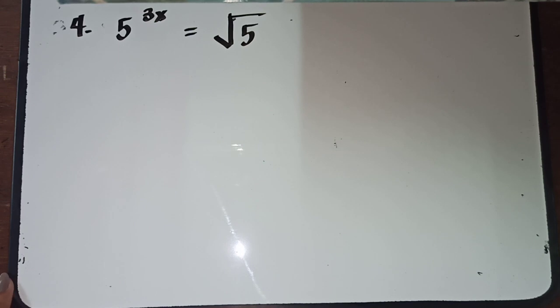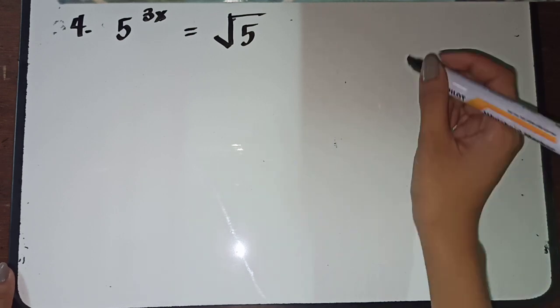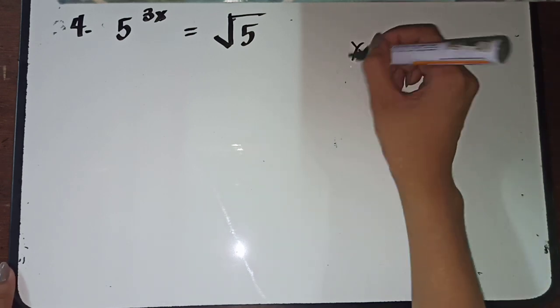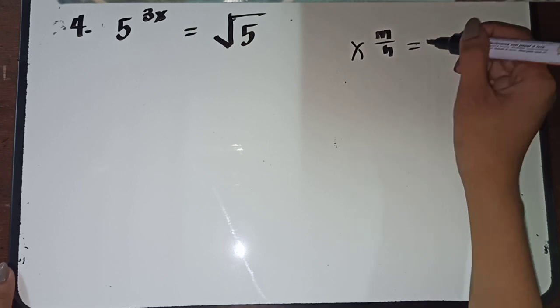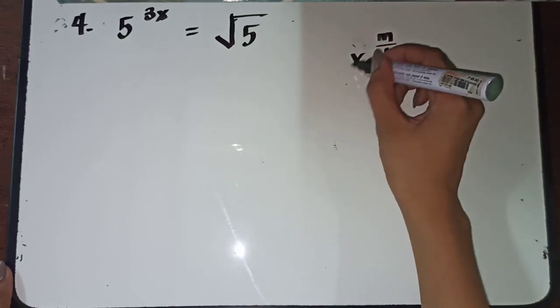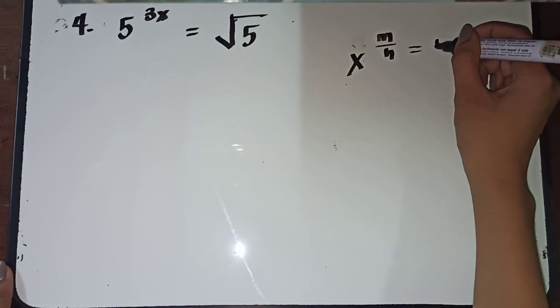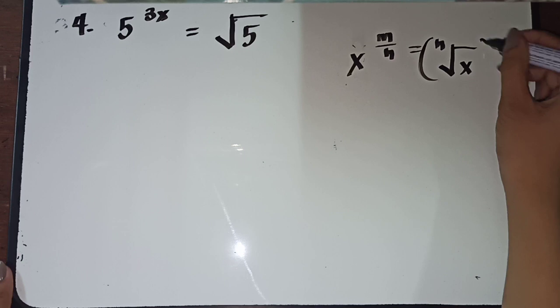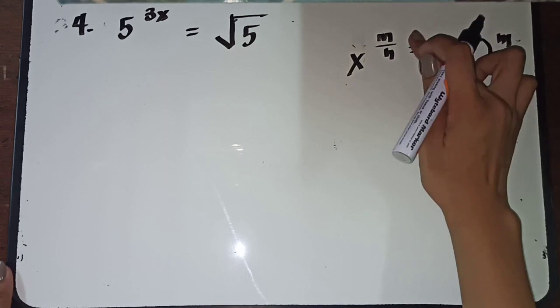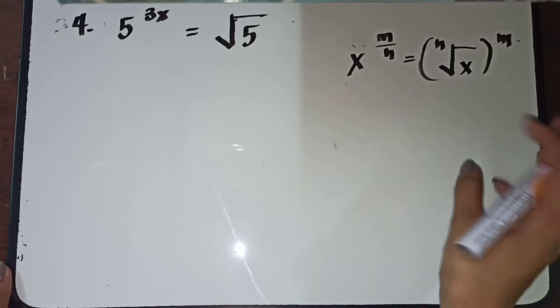Okay, so balikan ko lang yung sinabi ko kanina. Sabi natin, we have this law of exponent na kung meron akong x raised to m over n, so that is equal to the nth root of x raised to m. So, paano naman kapag nagkabaligtad?